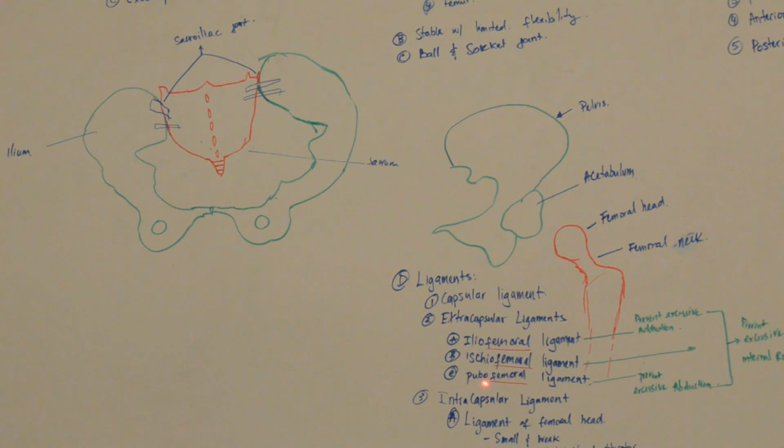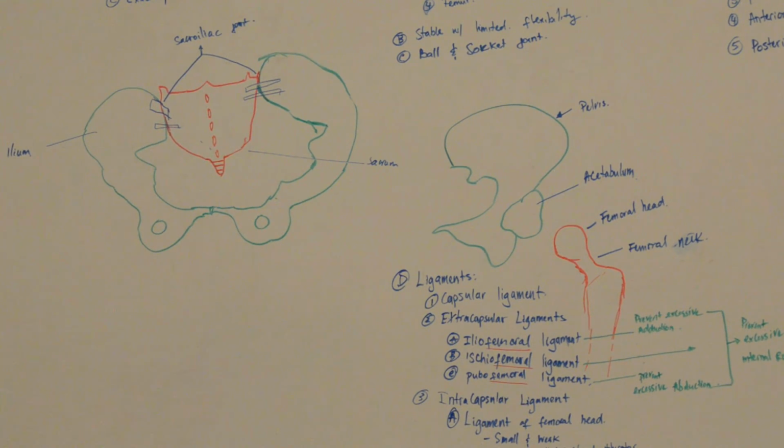The last one is the pubofemoral ligament, which originates from the pubis and attaches to the femur. All three of these extracapsular ligaments will prevent excessive internal rotation of the hip.